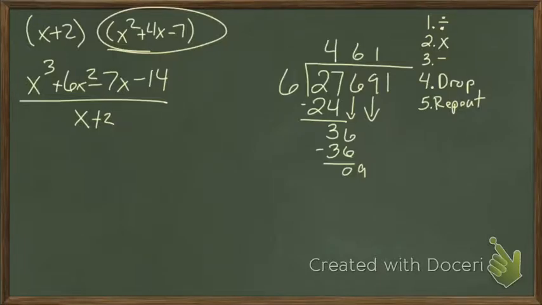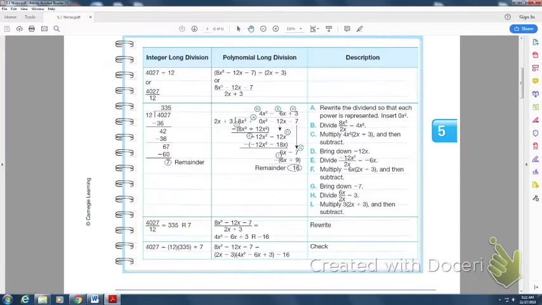Instead of dropping down a number, you might be dropping down a term. Each term you would drop down one at a time, as opposed to a number one at a time. So let's go ahead and get into this, and let me walk through as carefully as I can.